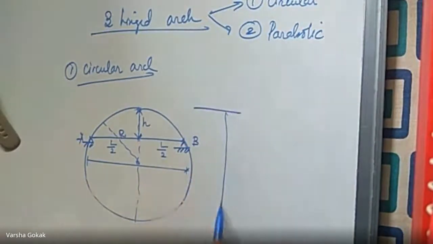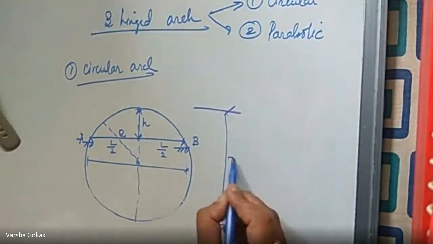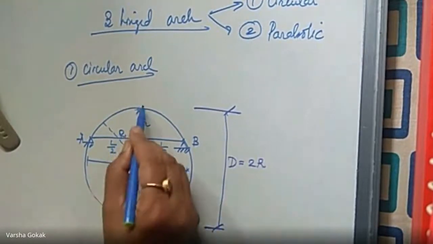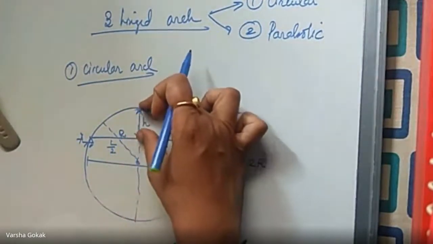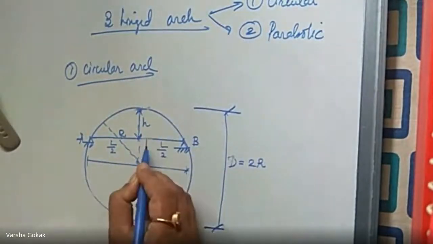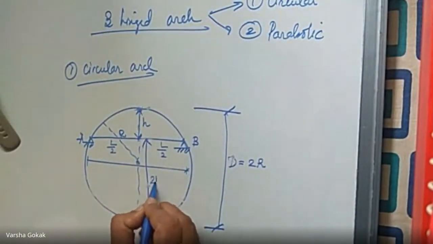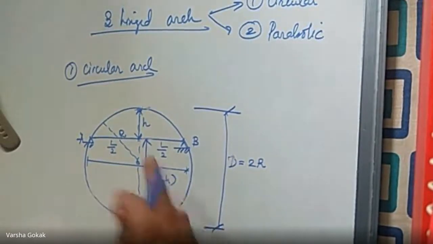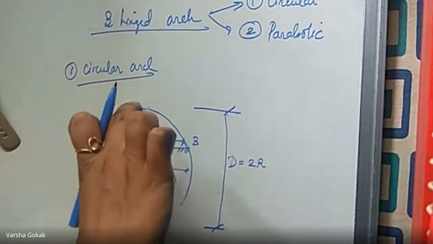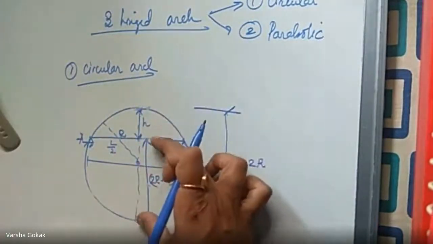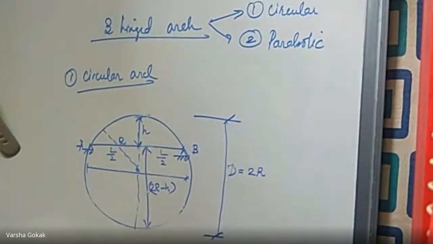So this total height is nothing but the diameter, that is 2 times the radius. In this 2 times R, if this is H, what is the remaining height? The remaining would be 2 times R minus H, because this is 2 times R and this is H.